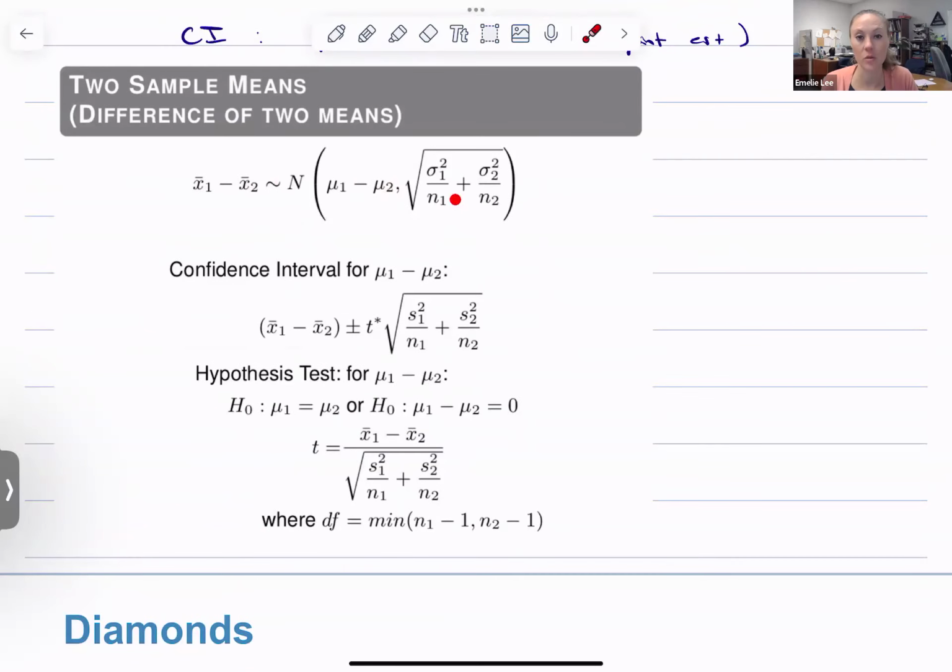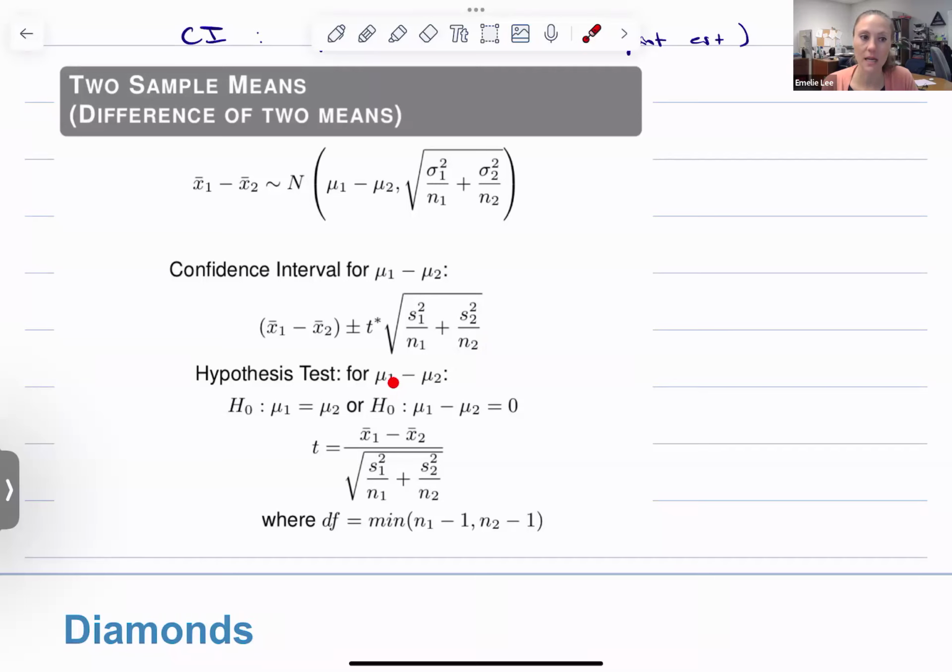Again, this distribution from the central limit theorem is just theoretical, so you can scratch that out and ignore it. It's what we're using later on. So we can make a confidence interval for the difference of the means, mu1 minus mu2. Here's our point estimate, here's my critical value, which is a t star, and then my standard error is s1 squared over n1 plus s2 squared over n2, square rooted.